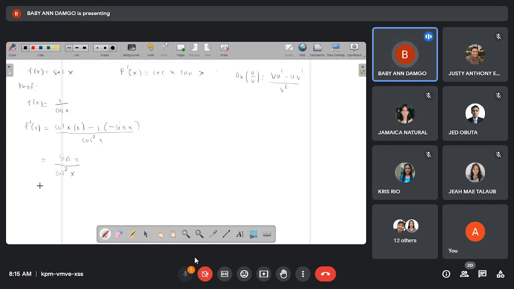So it can be of the form 1 over cosine x times sine x over cosine x, since we split it because it is squared. 1 over cosine x is secant x, and sine x over cosine x is tangent x, which they have already proven.